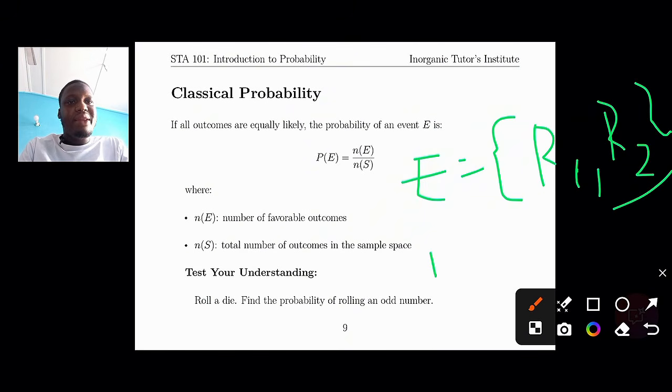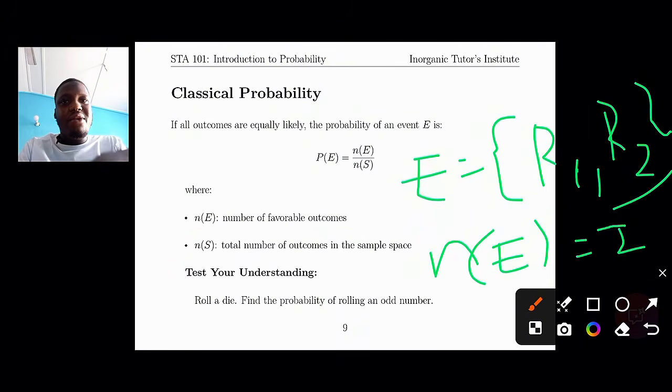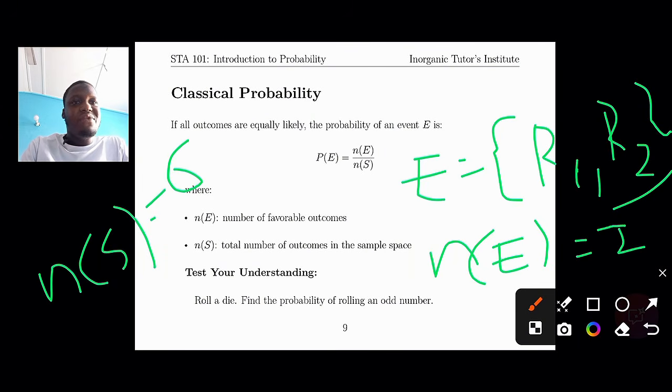So the number of elements in E is 2, and the number of elements in S, as I just counted, is 6. So if I'm to find the probability of selecting a red marble, it will be number of E, which is 2, over number of S, which is the sample space, as we discussed earlier.